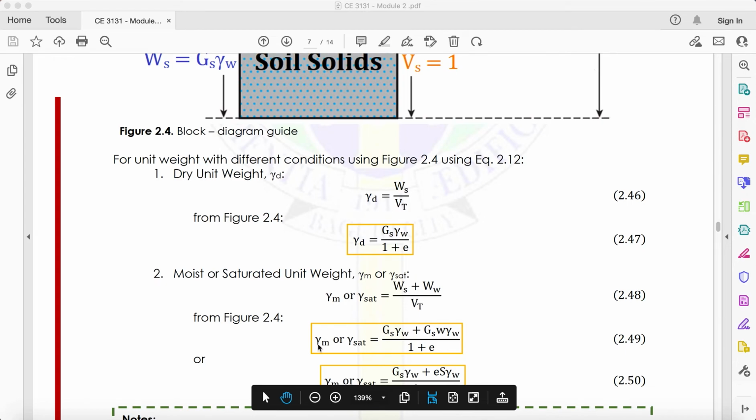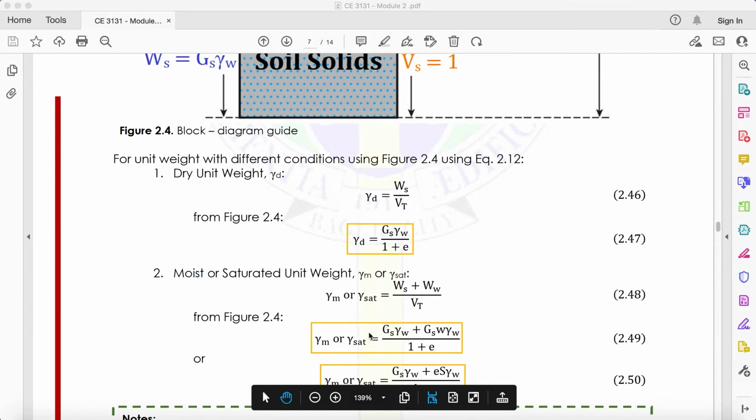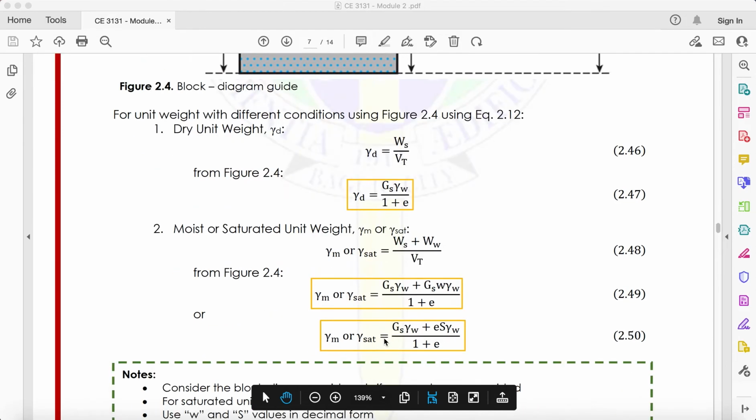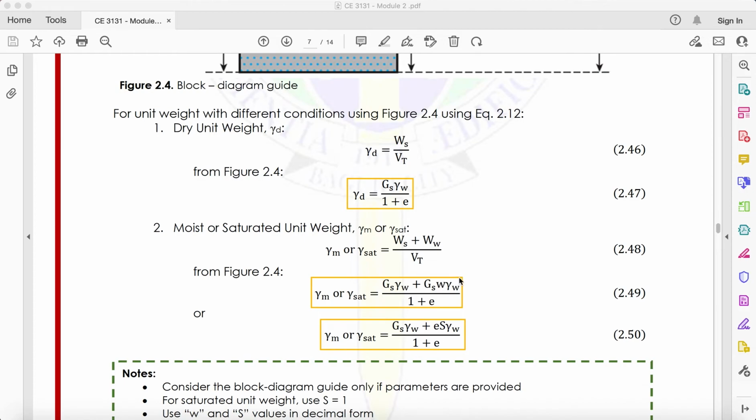Gamma m or moist unit weight or gamma sat or saturated unit weight is equivalent to specific gravity times the unit weight of water plus specific gravity times the moisture content times the unit weight of water divided by 1 plus the void ratio.